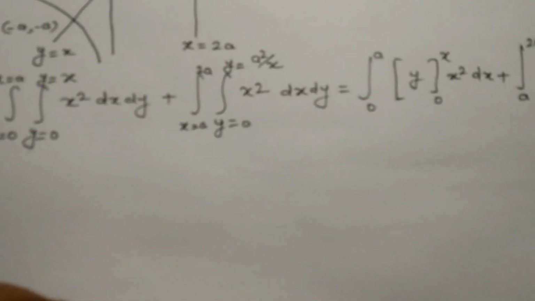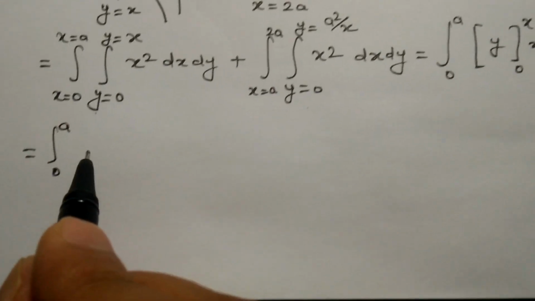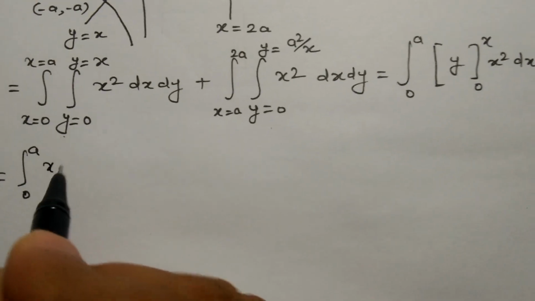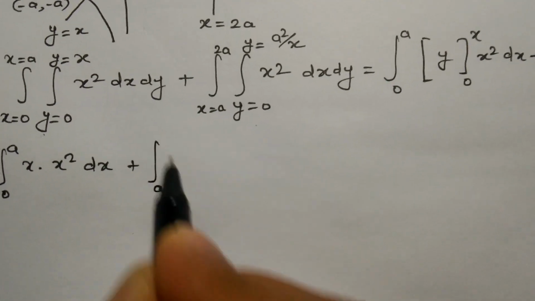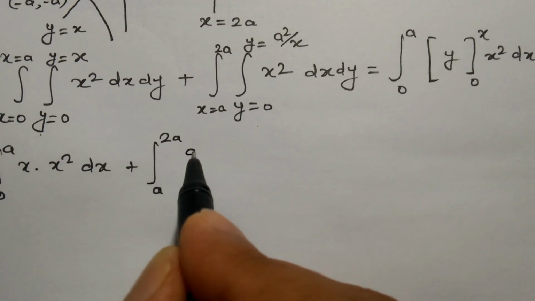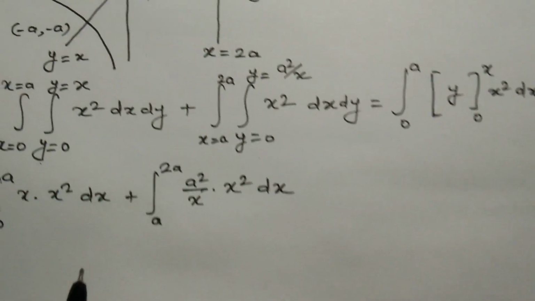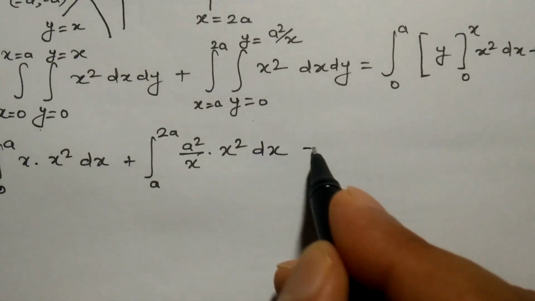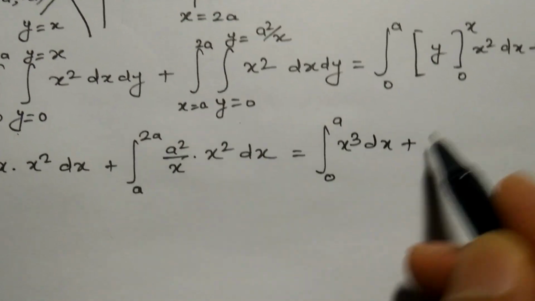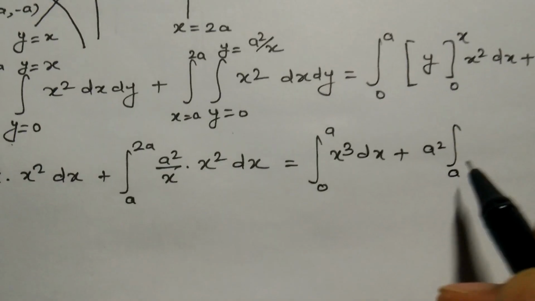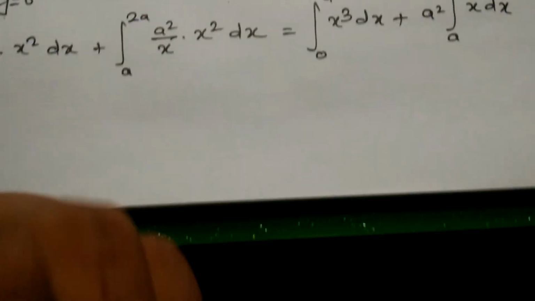Now this leads to 0 to a, x times x square dx, plus a to 2a, a square by x times x square dx. So this will be 0 to a, x cube dx, and a square out, a to 2a, this will be x dx.